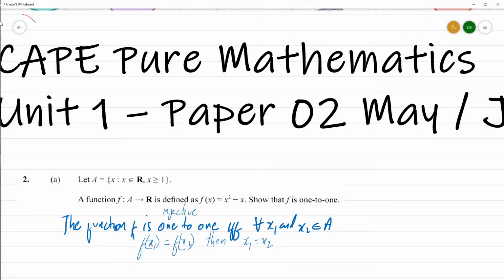This is the definition for a function that is injective or 1 to 1. We will now proceed with a proof using the definition.